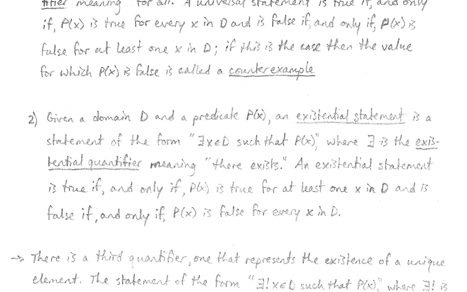Given a domain D and a predicate P of x, an existential statement is a statement of the form: "there exists x in D such that capital P of x," where that backwards capital E is the existential quantifier, which means there exists or there is.